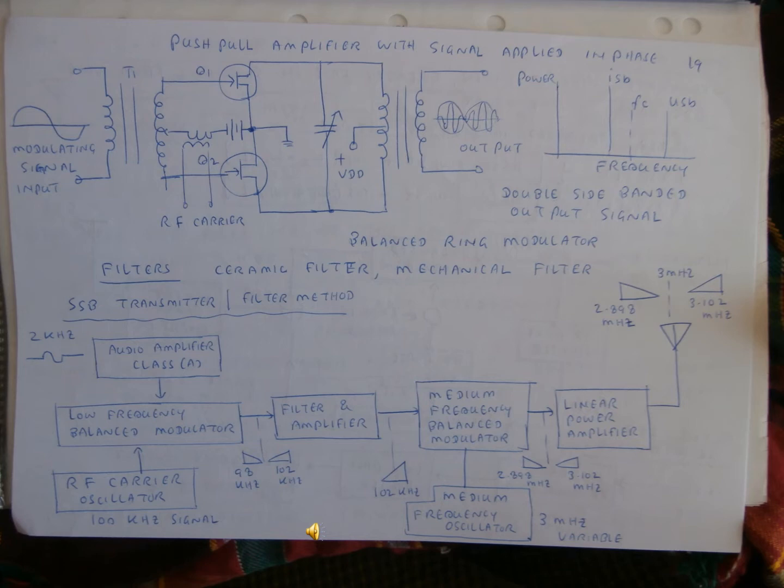These pass through the linear power amplifier, and finally the antenna produces the final output. So there is the mid-range frequency of 3 MHz, and the two sidebands are 2.898 MHz and 3.102 MHz. This is the way of single sideband modulation.